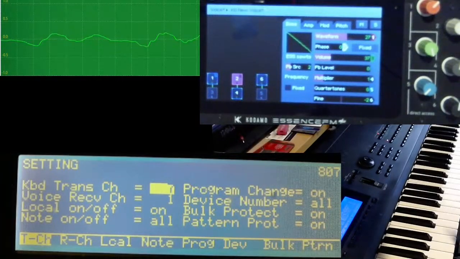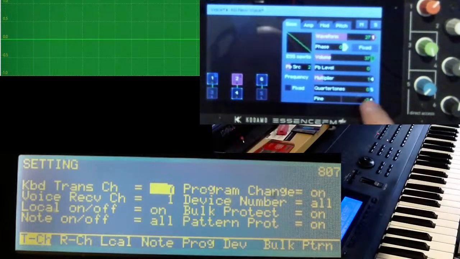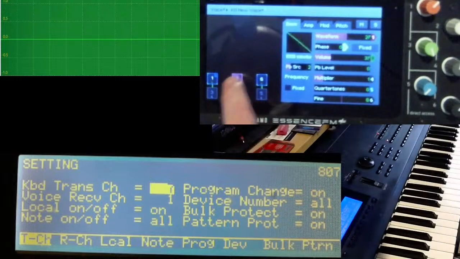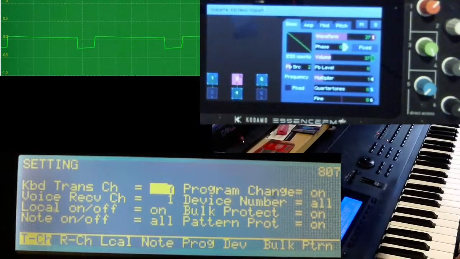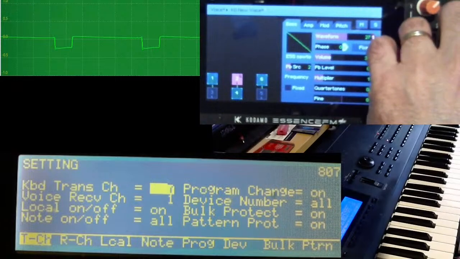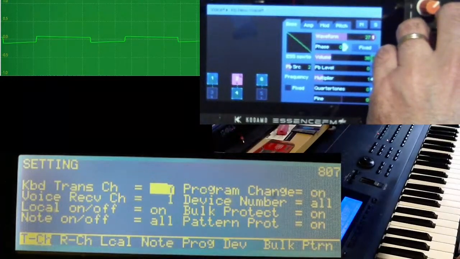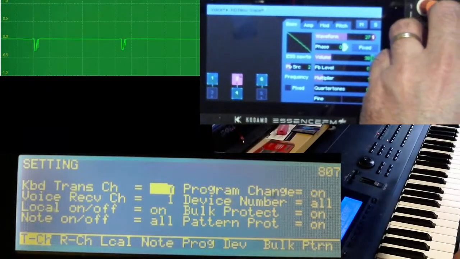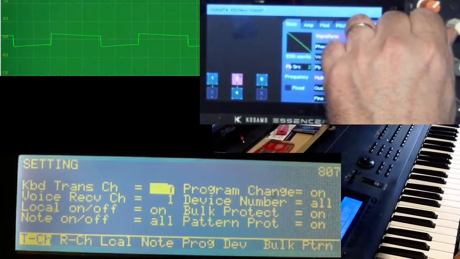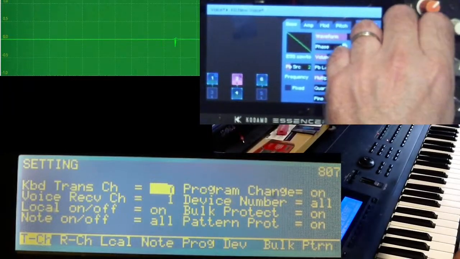So the reason why you're hearing that modulation, you can see there's a frequency thing here. So let me fix that. Okay.